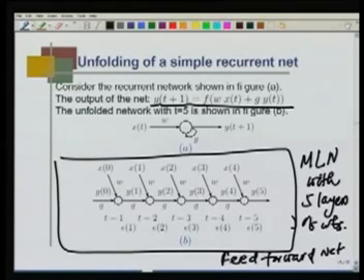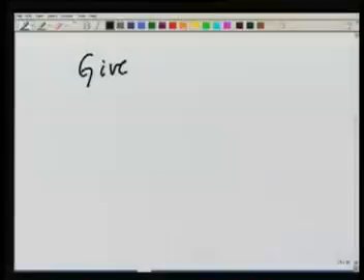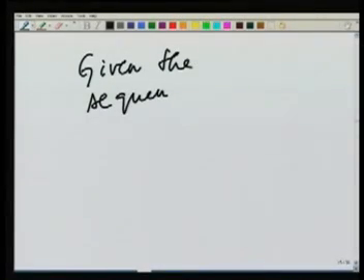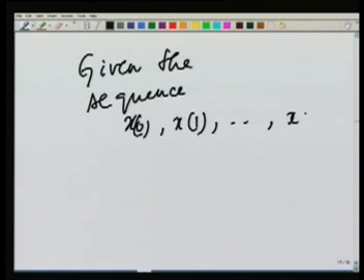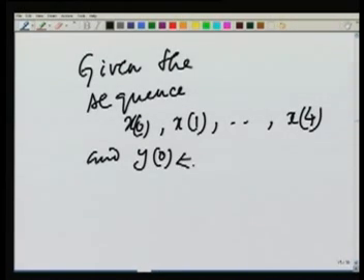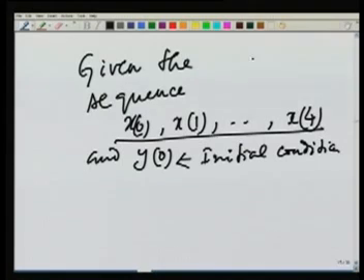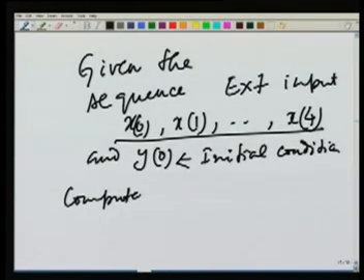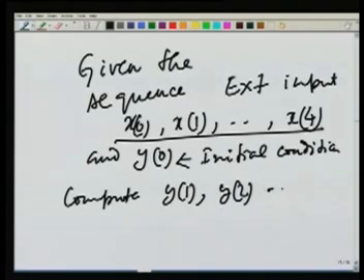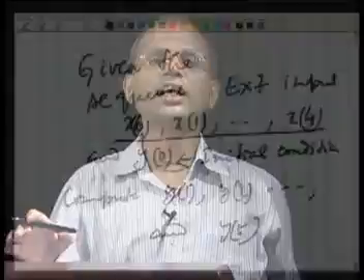This is the first step: given the sequence x naught, x1 and so on up to x4, and the initial condition, and these are external inputs, compute y1, y2 up to y5.